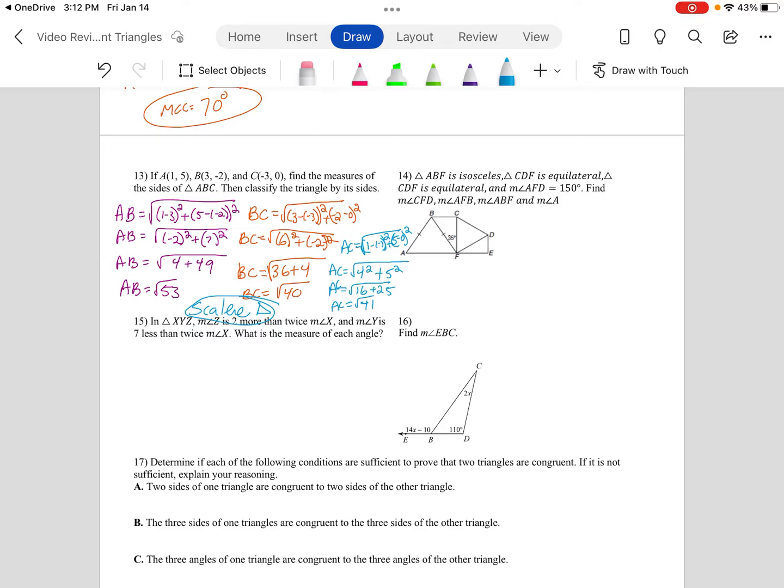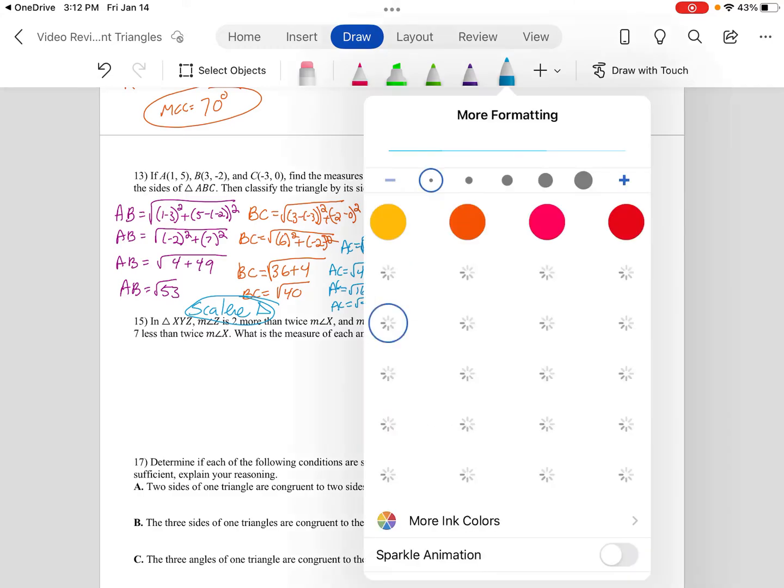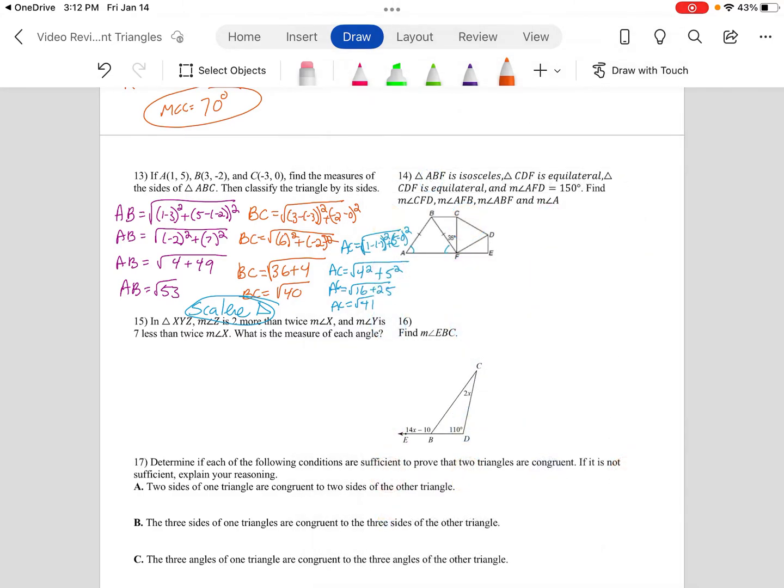Next one. It says ABF is isosceles, so I know that those angles would have to be the same. It says CDF is equilateral, which means that each of these angles is 60 degrees.